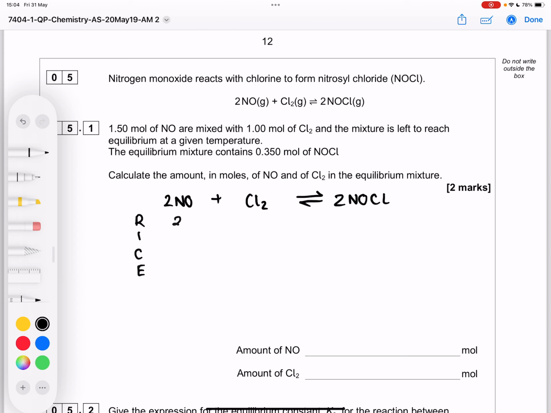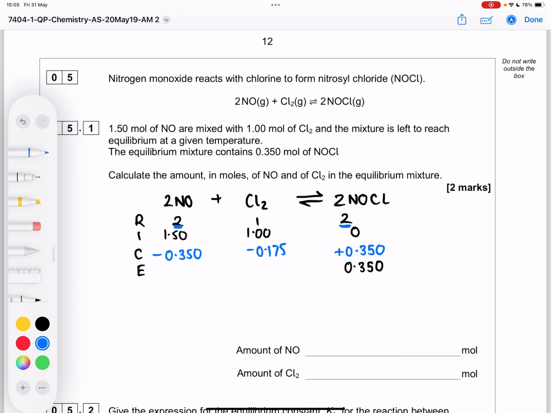The ratio being 2 to 1 to 2, and the initial amounts being 1.5 moles and 1 mole, and there'll be no product. And then at equilibrium, it says we've got 0.35. So the first thing we can see is that the product has gone up by 0.35, which means that given the ratio is the same for NO, this one would go down by the same amount, but the chlorine would go down by half of that, 0.175.